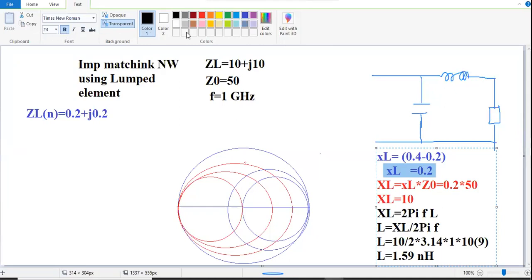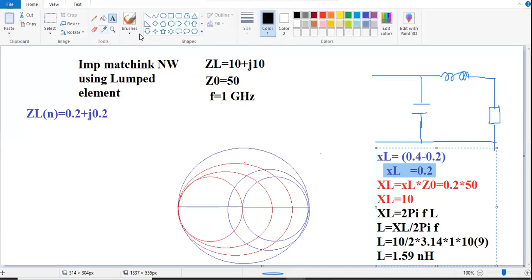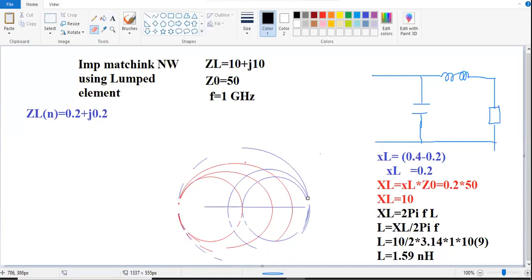Now in this, I will just go for, this is not required. Okay, let it be.